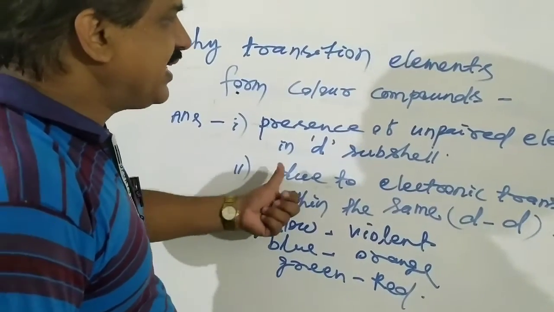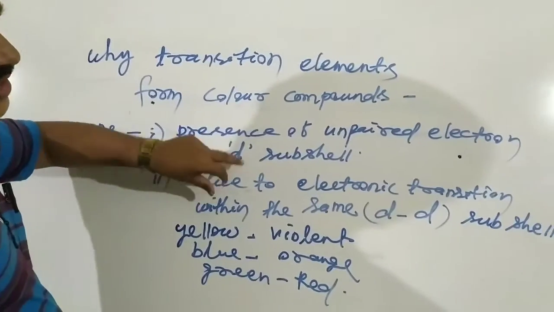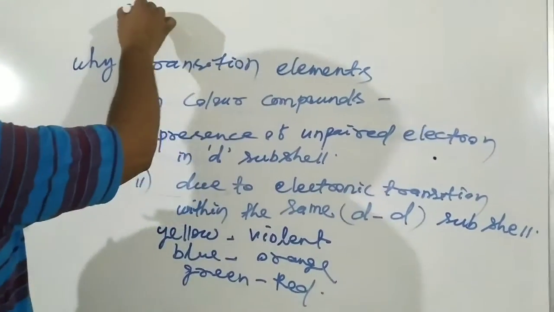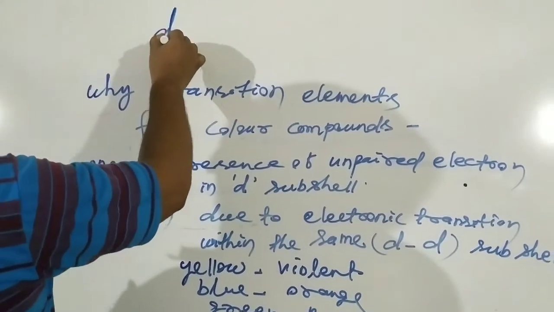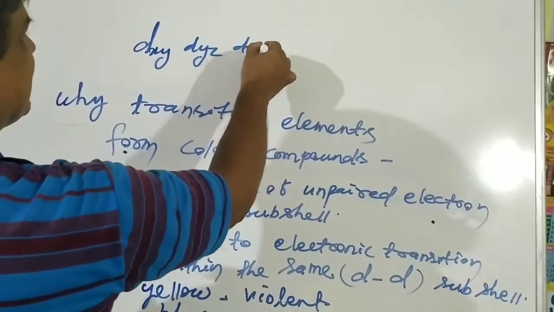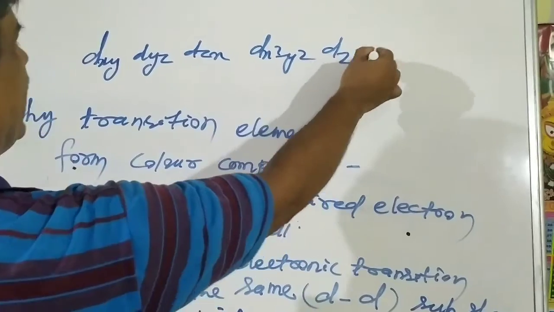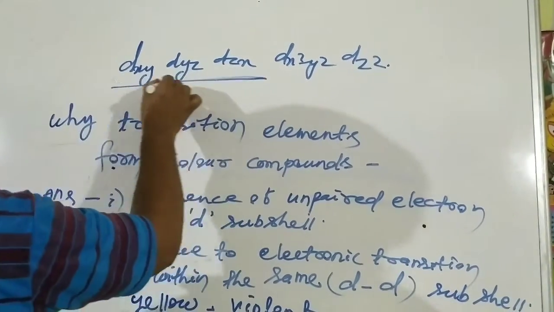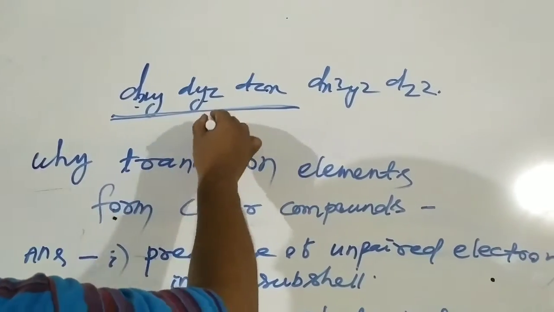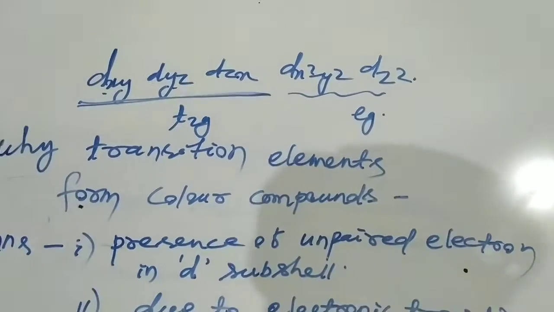So, why do the electrons in the d subshell undergo electronic transition? Because a d subshell contains 5 orbitals: dxy, dyz, dzx, dx2-y2, dz2. The dxy, dyz, dzx are called t2g orbitals, and the others are called eg orbitals.